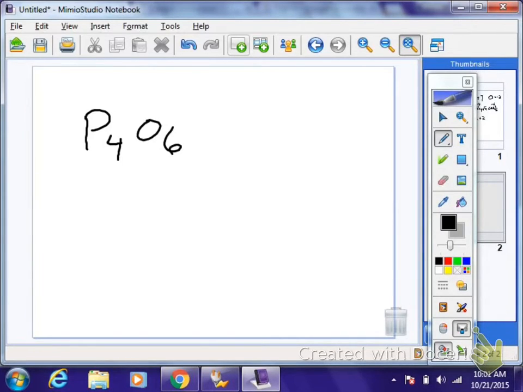So it takes on a -2 charge, which would be a -12 total. And then 4 times what would get you 12? 3. So phosphorus would be a +3, and oxygen is a -2.